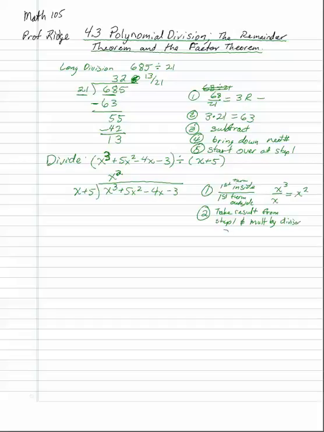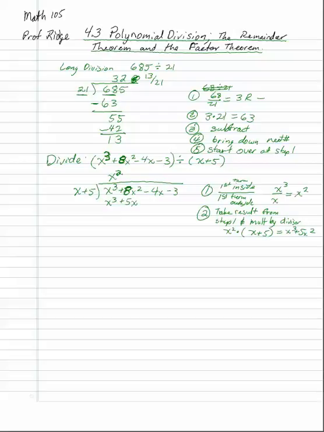So in this case, I'm going to take x squared times the divisor, x plus 5, which equals x cubed plus 5x squared. And we'll write it right below, because I'm going to subtract. And you know what? Let me change this problem. Let's make this an 8. Because I don't want that to be a 0.